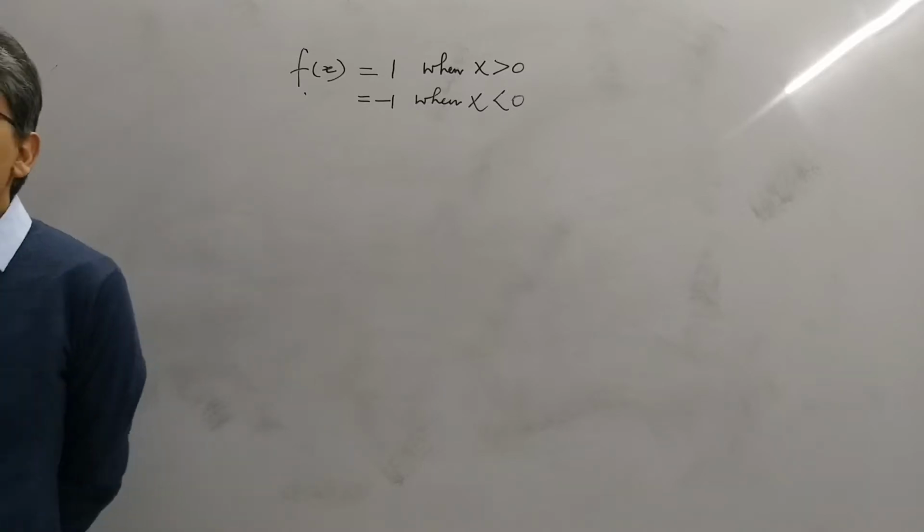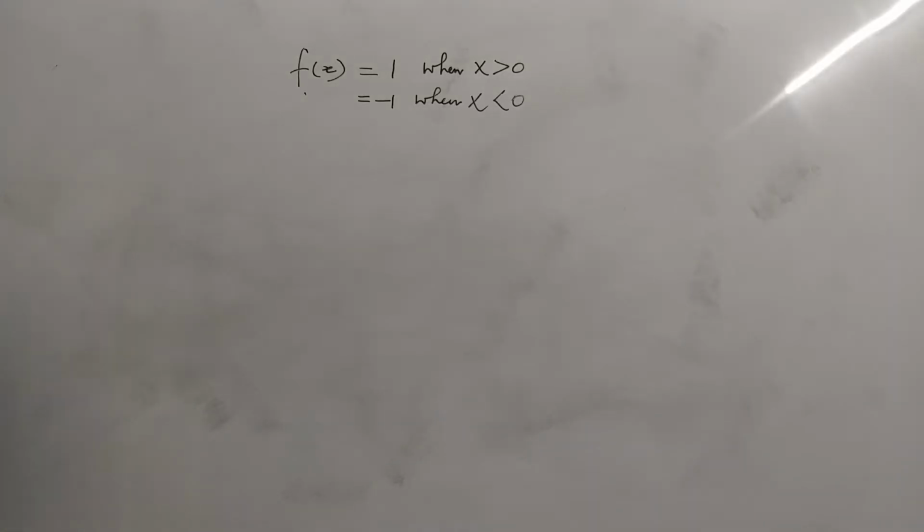Now, does there exist any limit? If you make a graph, this is very simple, but going by this epsilon delta argument, let's try to prove this. So in mathematics, what is done is that you prove a few things with the help of contradiction.